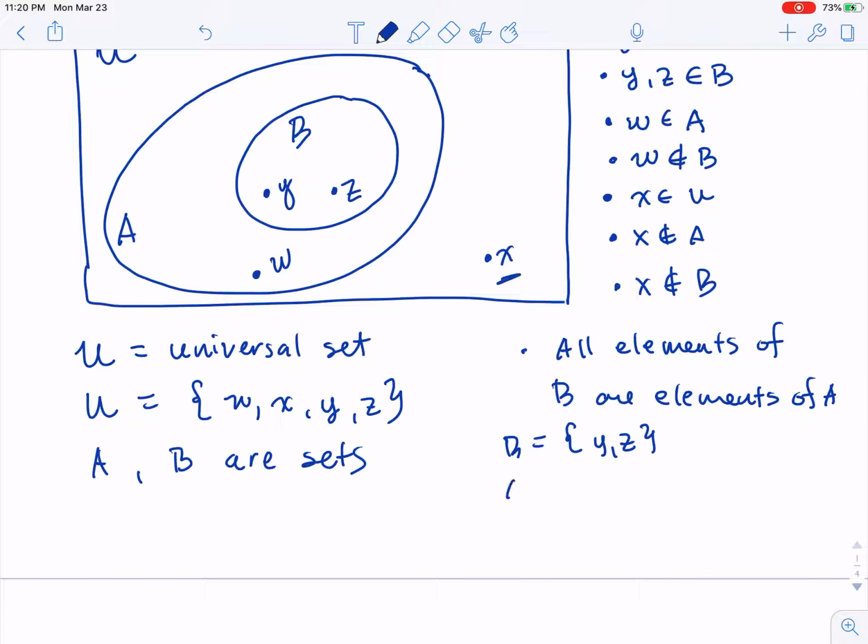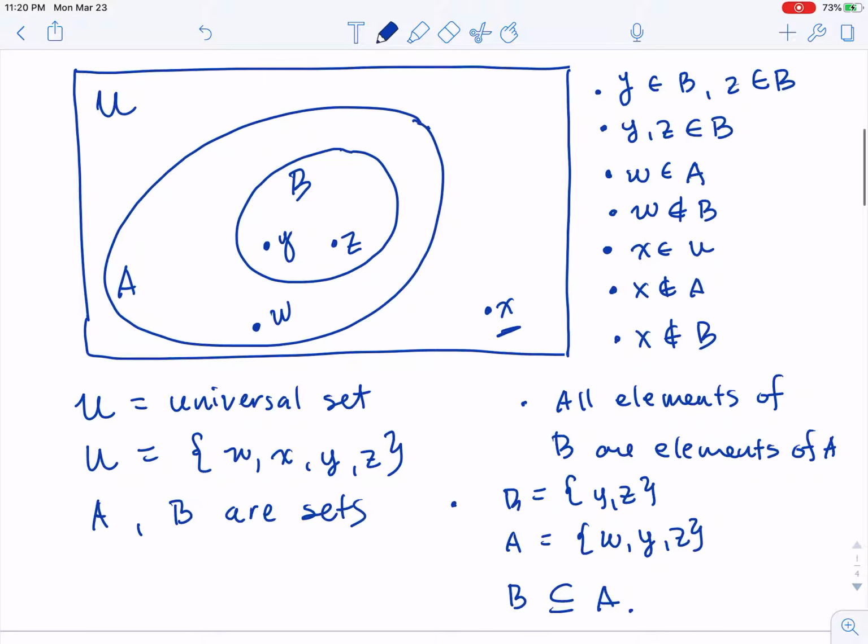Ang elements of A ay W, Y at saka Z. So lahat ng elements of B are also elements of A. Pag ganitong sitwasyon, naalala nyo kung ano ba ibig sabihin nito? That B is a subset of A. Okay, so subset yung B. Okay, so yan yung mga relationships.